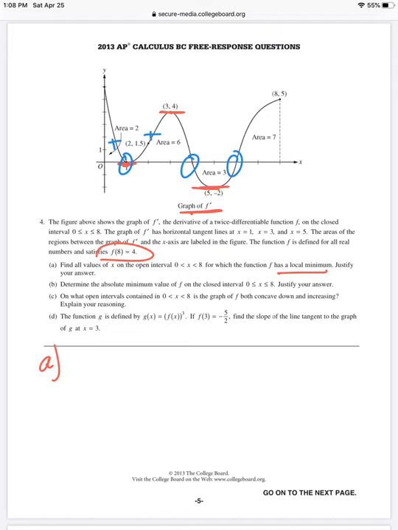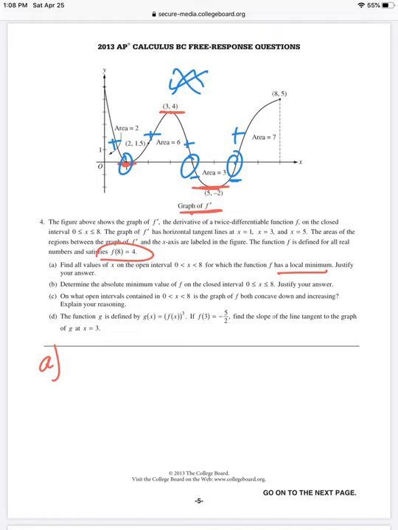At 4, before it, the graph is above the x-axis, so it's positive. Afterwards, the graph is below the x-axis, so it's negative. Positive to negative means it increases, then decreases. That's a max. We don't want that. Here at 6, before the graph, the derivative is negative. After, the derivative is positive, so that is my minimum.